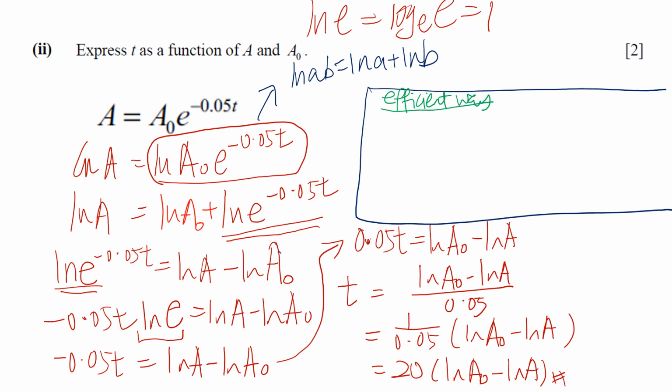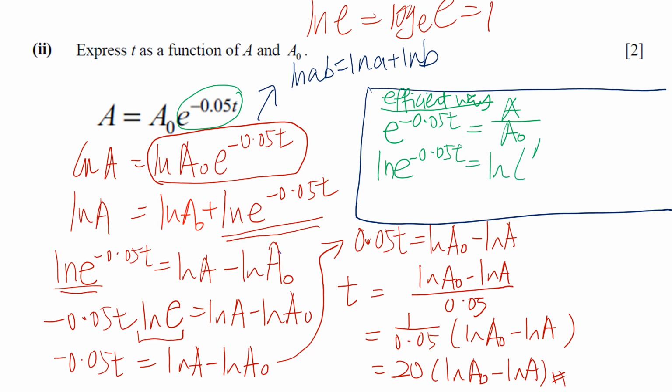is to make this the subject first. In other words, I divide by A subscript 0 on both sides. Then bring in ln. You'll see that it's much easier. So when you do A math, you need to use the shortest method. Otherwise, you'll find yourself very frustrated. Then you use the power law.